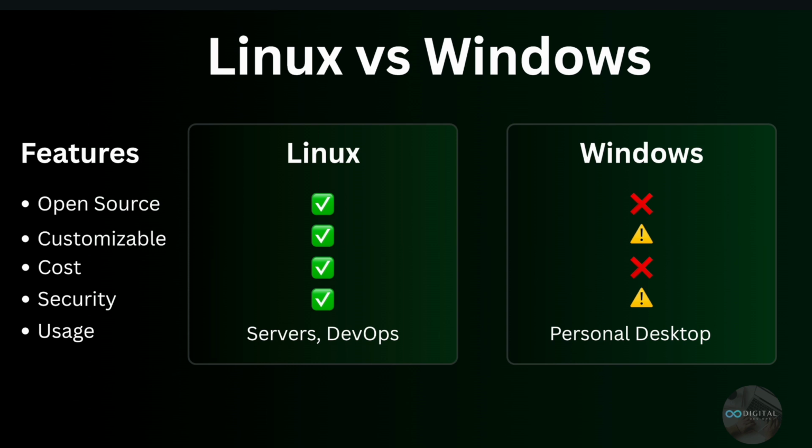Security wise, Linux is generally considered more secure, especially on servers. It follows a permission based structure and is less targeted by viruses. Usage is also different. Linux dominates in servers, DevOps, and cloud platforms, while Windows is more common on personal desktops and gaming systems.